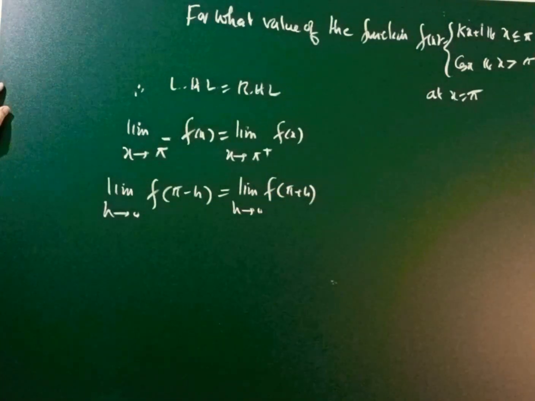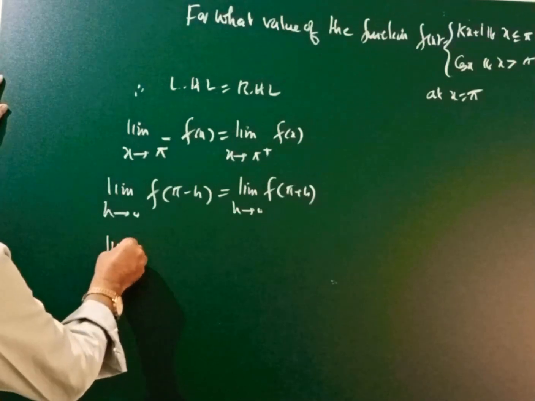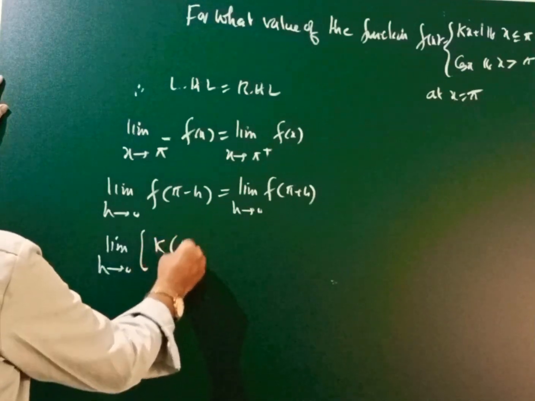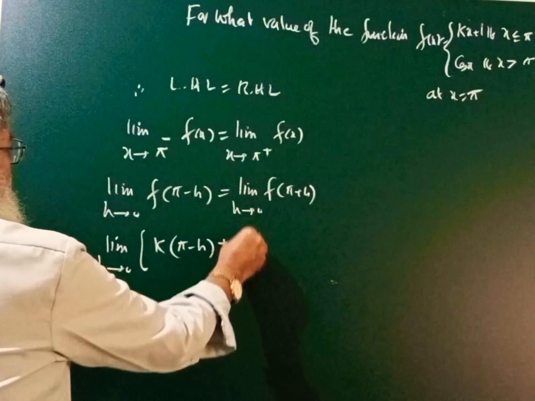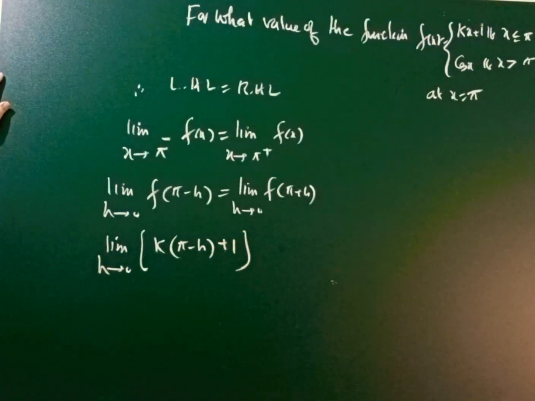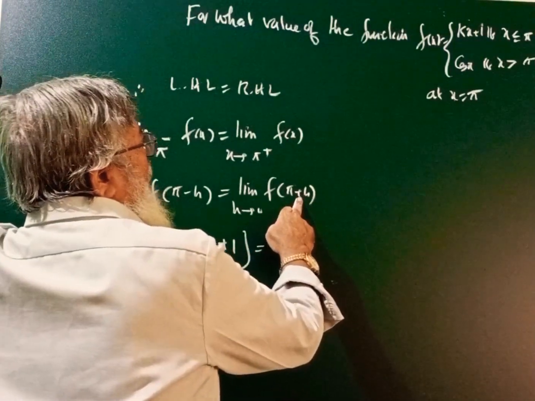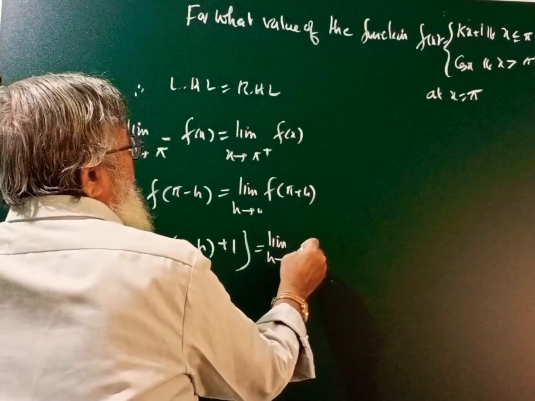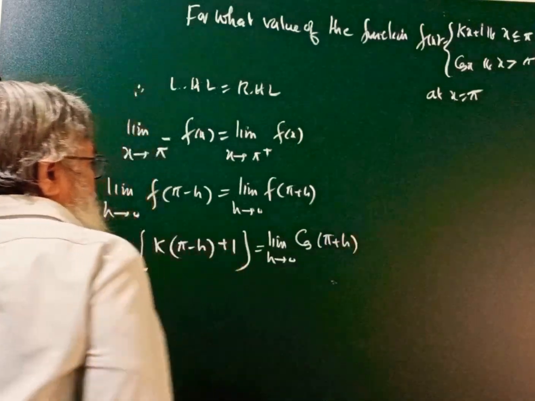Pi minus h means less than pi, so the first condition is applicable. Limit h tends to 0, we write k into x, our x is pi minus h, plus 1, which is equal to, as pi plus h means greater than pi, limit h tends to 0 of cos of pi plus h.